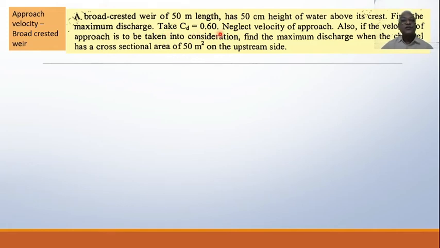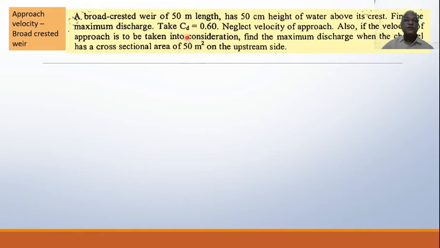Take CD as 0.6, neglect velocity of approach. Also, if the velocity of approach is to be taken into consideration, find the maximum discharge when the channel has a cross-sectional area of 50 meters square on the upstream side.